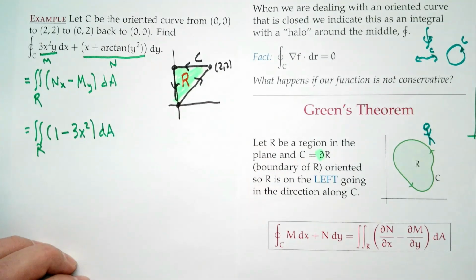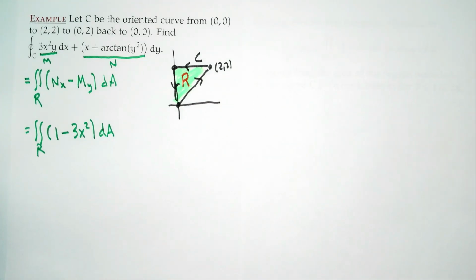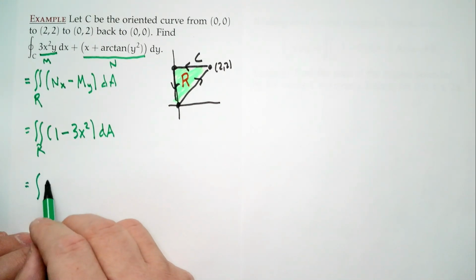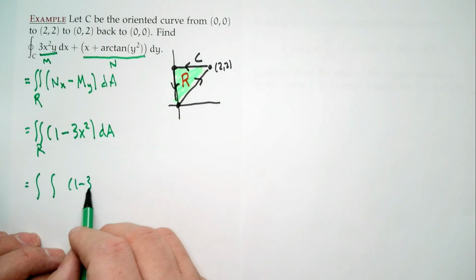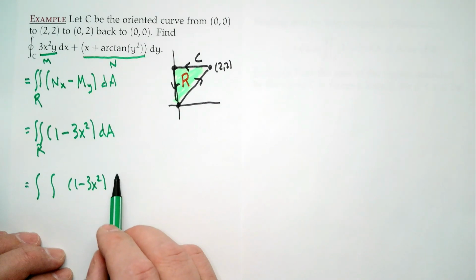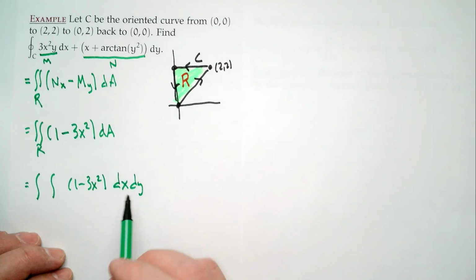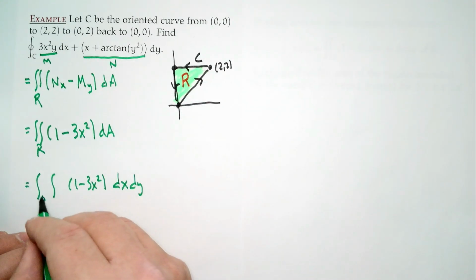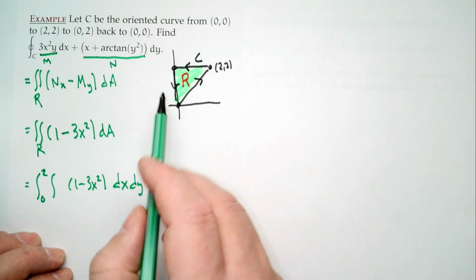So now we're down to a single integral, which is much better, because that's one integral. We just have to integrate this thing over the region. That's 1 minus 3x squared, and let's do dx dy. Where does y go from? 0 to 2. And where does x go from?